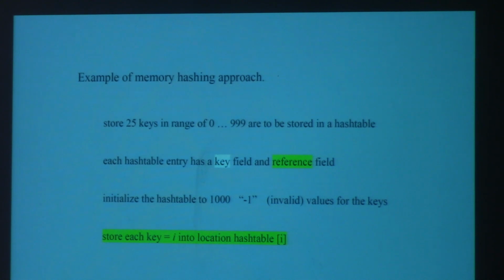If I'm looking for key 255, I'm simply going to index into 255 and I'll find it without searching for it. I will look for two things in that slot. The key, what does the key have to be? 255. And what does the reference have to be? The location where I can find it.